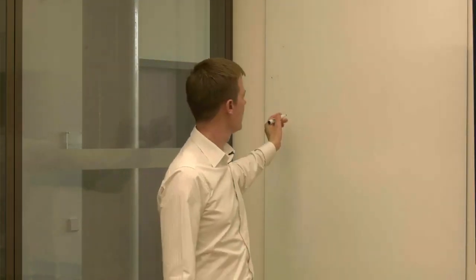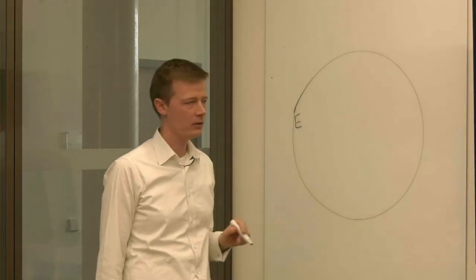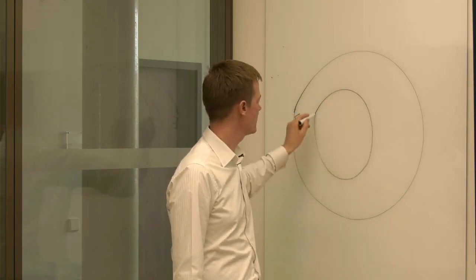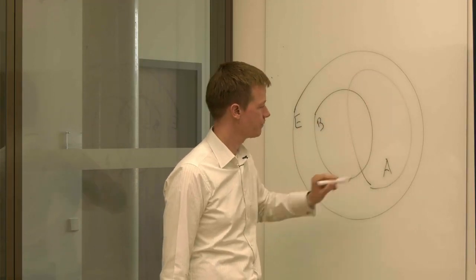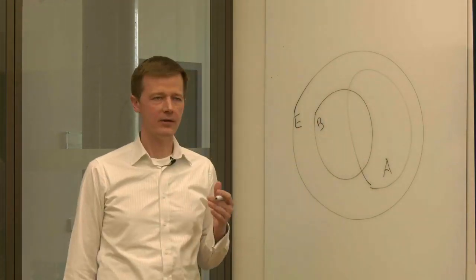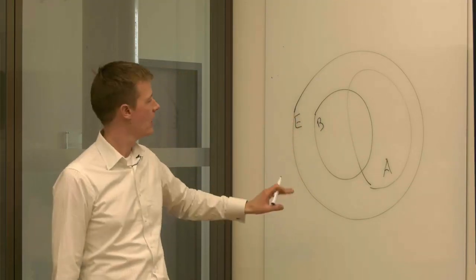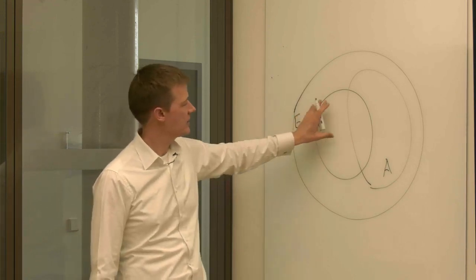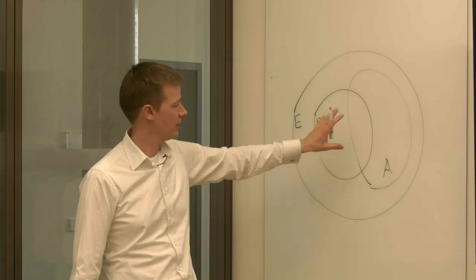Well, follow me along. If you think of the entirety of E as the circle, then we can draw a nice little Venn diagram. So let's say this is B and this is A. Then the function P, the probability, assigns a probability of 1 to this entire circle, and it assigns a certain amount of probability to B, and to A of course.